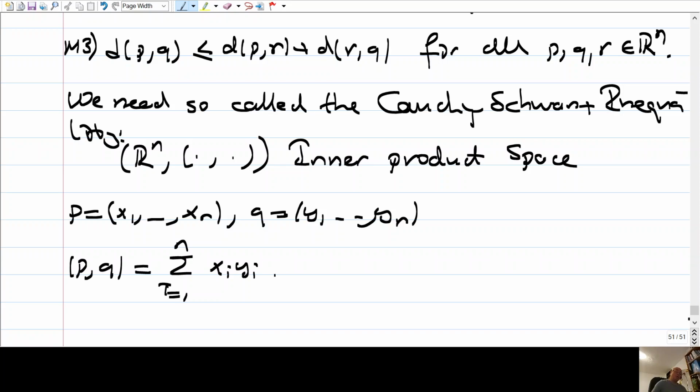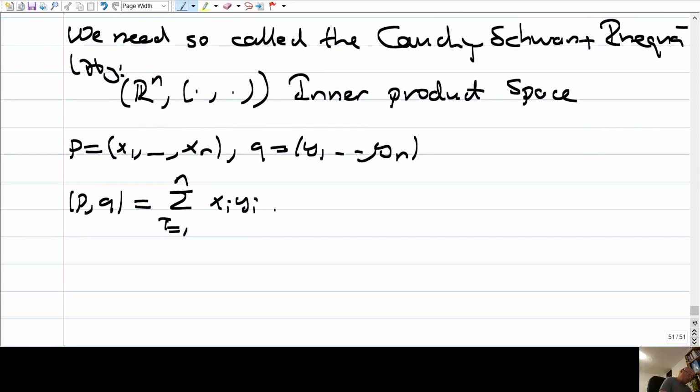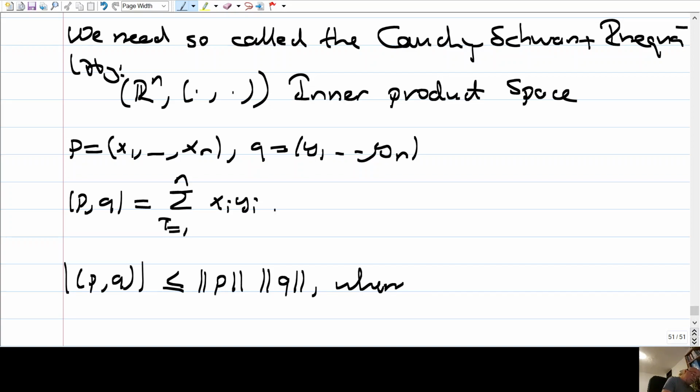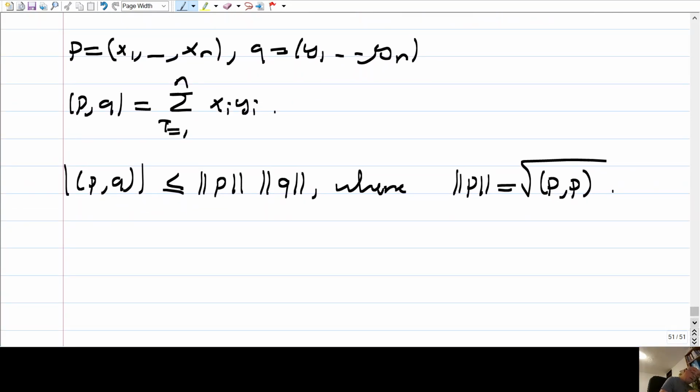And what is the Cauchy-Schwarz inequality? The inner product of two elements, in absolute value, is always less than or equal to the norm of P times the norm of Q. Of course, what is the norm? The norm of P is just the square root of the inner product of a vector with itself, right? So this means the following.